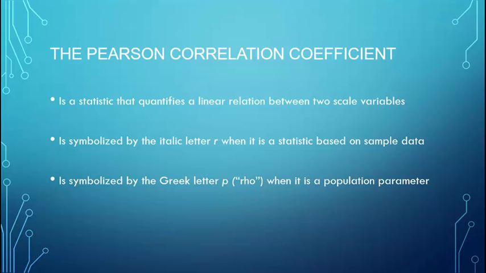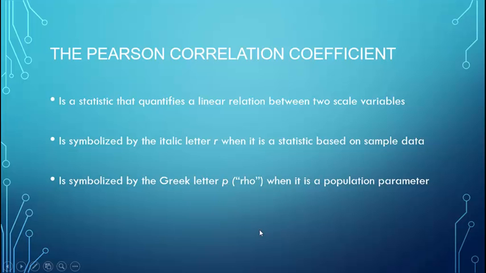All right, so the Pearson correlation coefficient, that's the statistic that quantifies the linear relationship between two scale or numeric variables, symbolized by r when we're talking about sample data, and in the population, it's the letter rho, which looks like this curvy p.